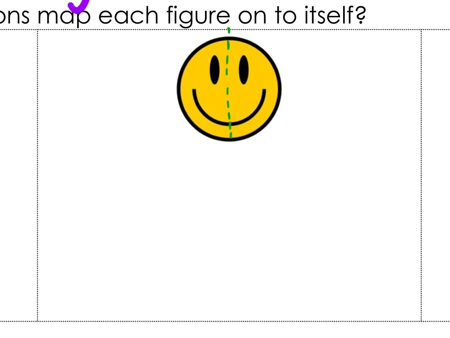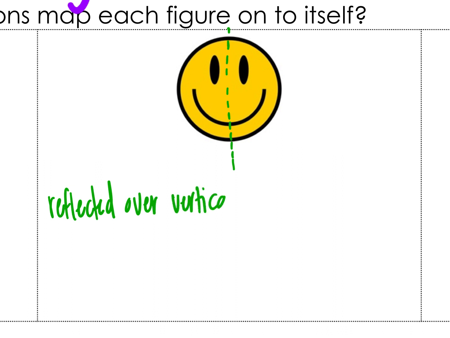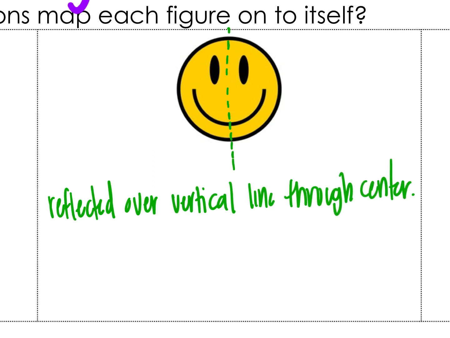You should have found this center line, so it can be reflected over a vertical line through the center. Because of the way this smiley face is, there's no other lines that we could fold this smiley face on so that it would fold onto itself or reflect onto itself. So it just has 1 line of reflection.